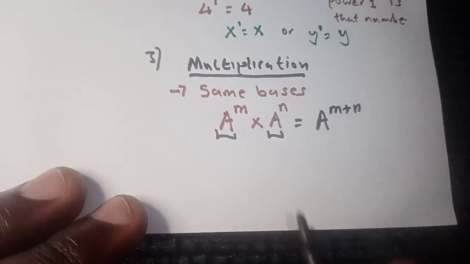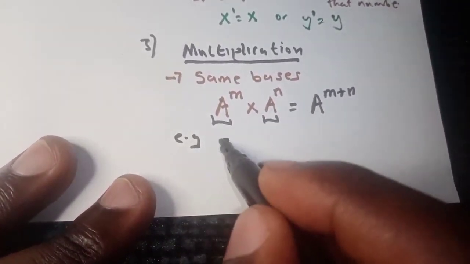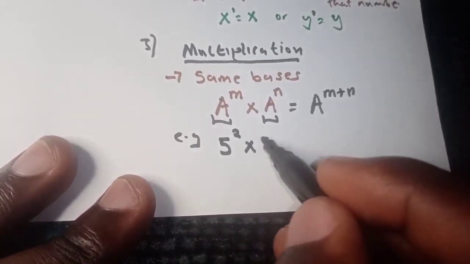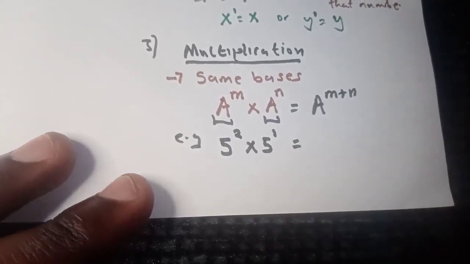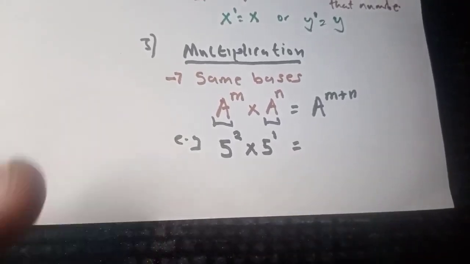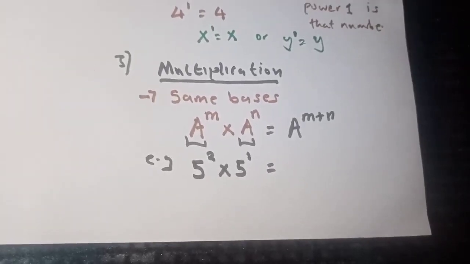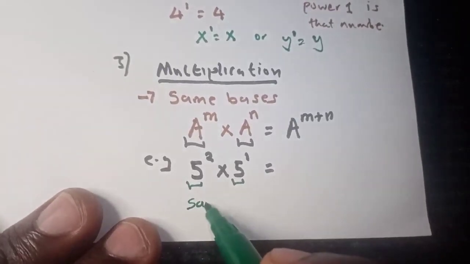Add the powers. So for instance, you have 5 raised to the power 2 multiplied by 5 raised to the power 1. What is this going to be? The first thing, before going anywhere, you notice the same bases. You have 5 and 5, same bases.